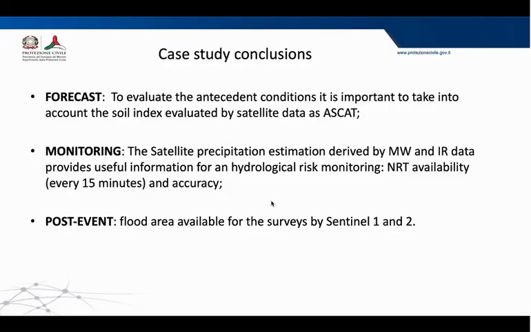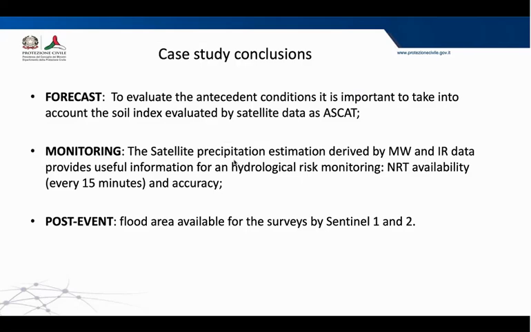So that's all, with some conclusions. What I showed you is not theory, but what we did. For the forecast phase, to evaluate the antecedent condition, it is important to take into account the soil index evaluated by satellite data such as ASCAT data, the ASCAT product available inside the H SAF project.